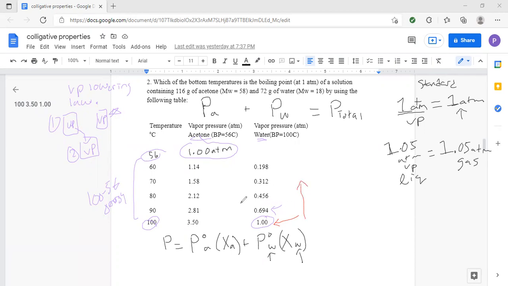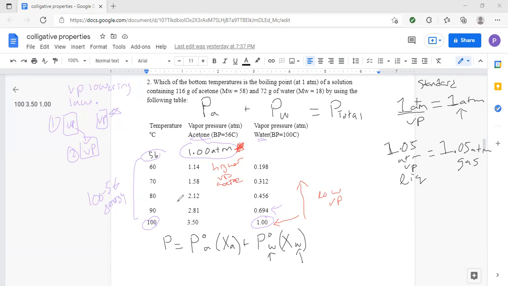Because it's mixed with something that already boils way over here. So what's actually happening is it's going to boil at a lower vapor pressure for water and a higher vapor pressure for acetone, because it has to be somewhere between the 56 and the 100, right?